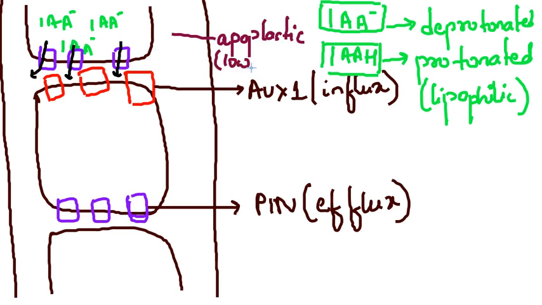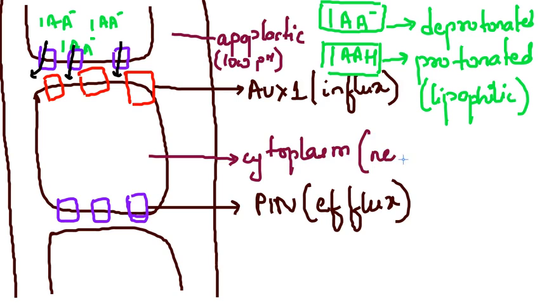Remember, low pH means it has acidic pH. And inside the cell, which is the cytoplasm, it has neutral pH.